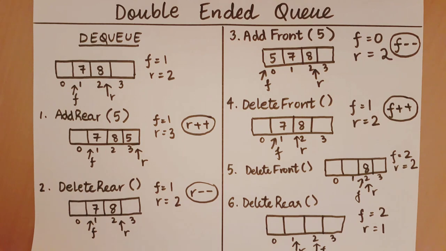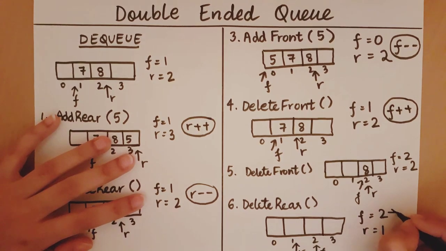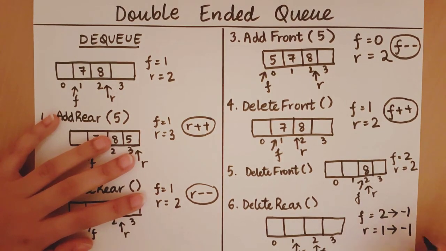When the queue was initially created, the front and the rear are both set to -1, as shown in the previous videos. So when the queue is empty like this, we are going to reset the front and the rear to -1. So this 2 will become -1, this 1 will become -1.